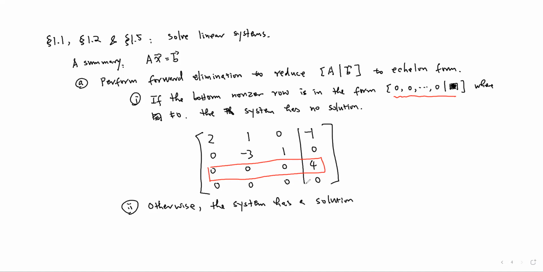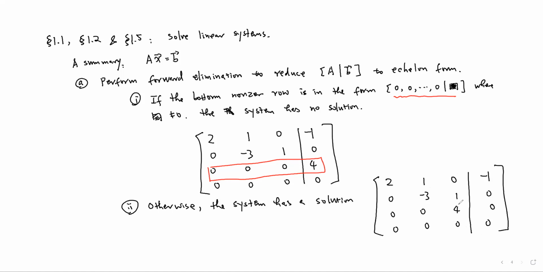For example, in row 3, let me switch this number 4 and this 0. 2, 1, 0, -1. 0, 3, -3, 0. 0, 0, 4, 0. 0, 0, 0, 0. This linear system has solutions. Look at the bottom non-zero row, row 3. But row 3 is not in this form, right?